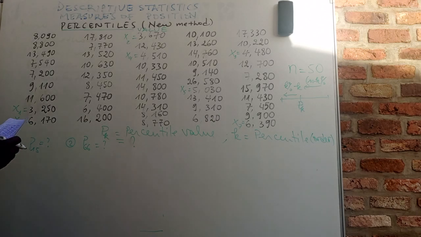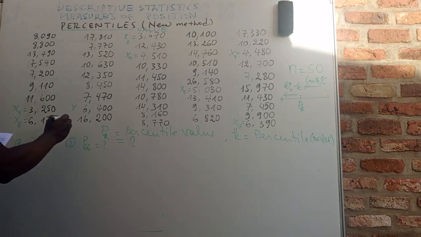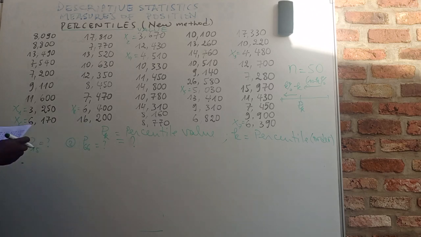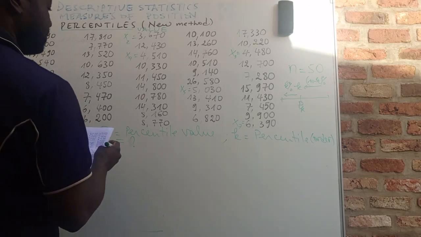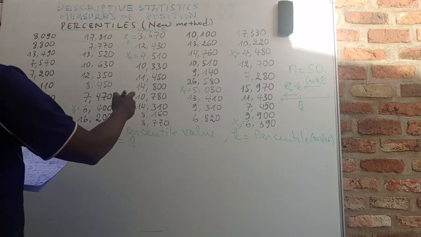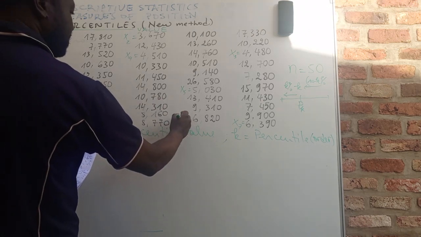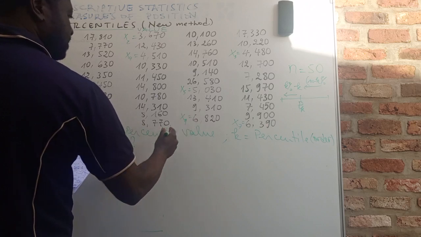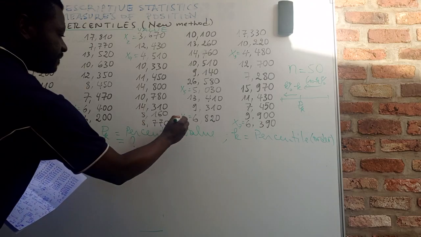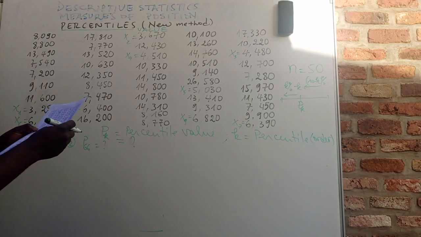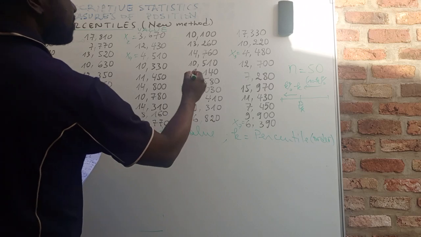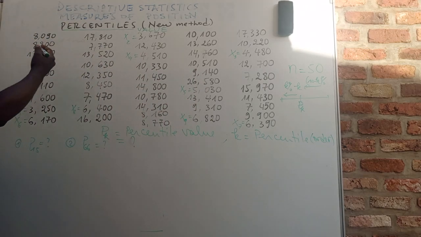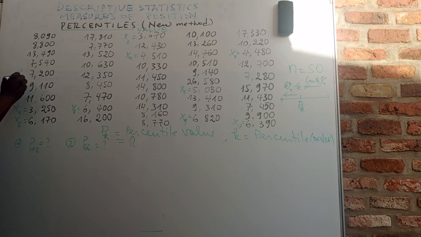Next we have 6400, X8. And then X9 is 6820, here, X9. X10 is 7200. Where is it? This is it, X10.